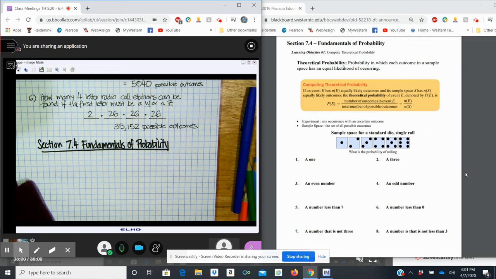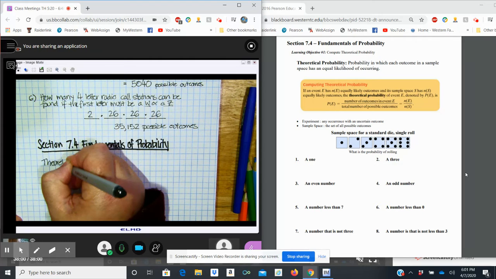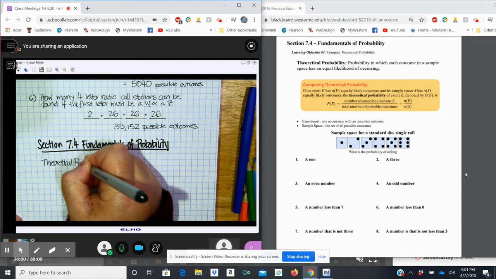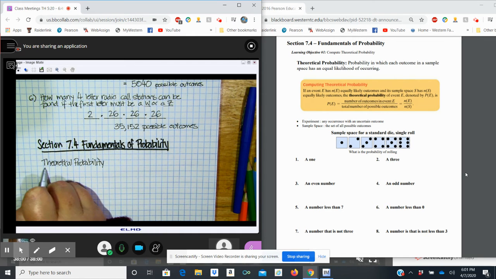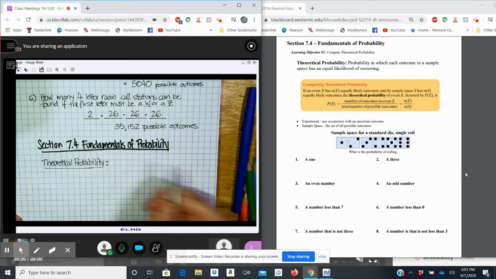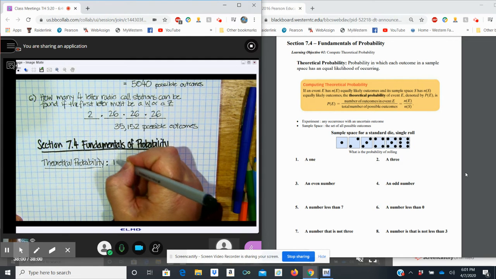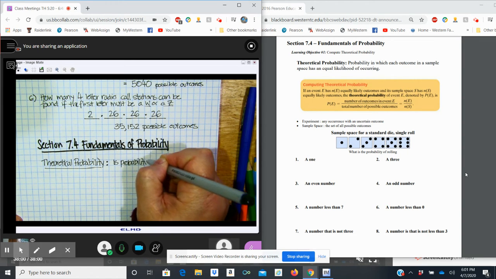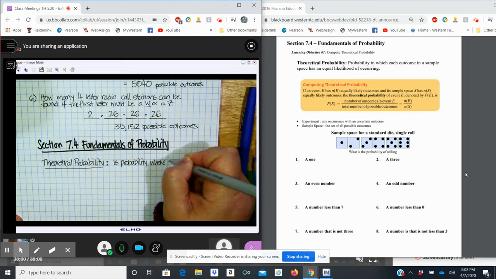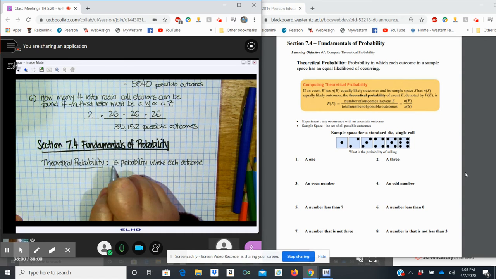The first probability we want to talk about is theoretical. Theoretical probability is probability where each outcome has the same likelihood of occurring.